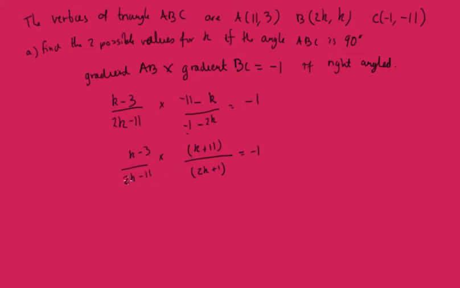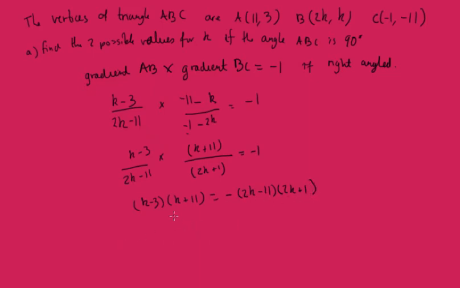And now we will multiply together. So we'll have k minus 3, k plus 11, all over, and now we can cross multiply as well. We'll do it at the same time, so we'd multiply the bottom and then cross multiply over. We're going to multiply by minus 1, so we'll have minus 2k minus 11, 2k plus 1.